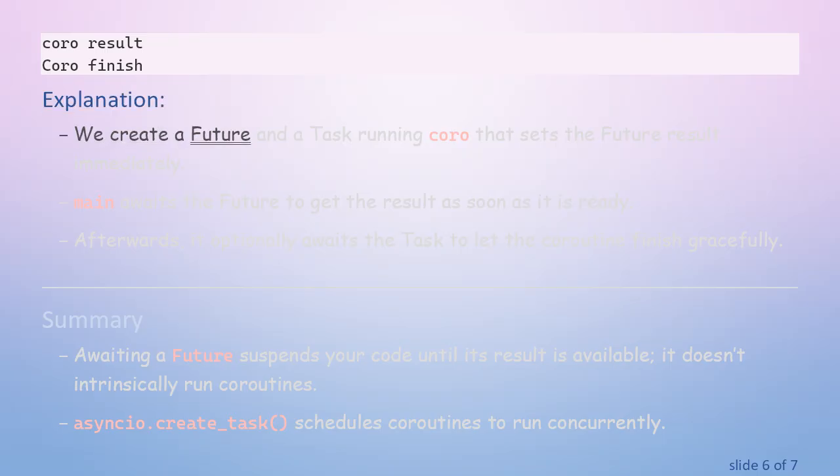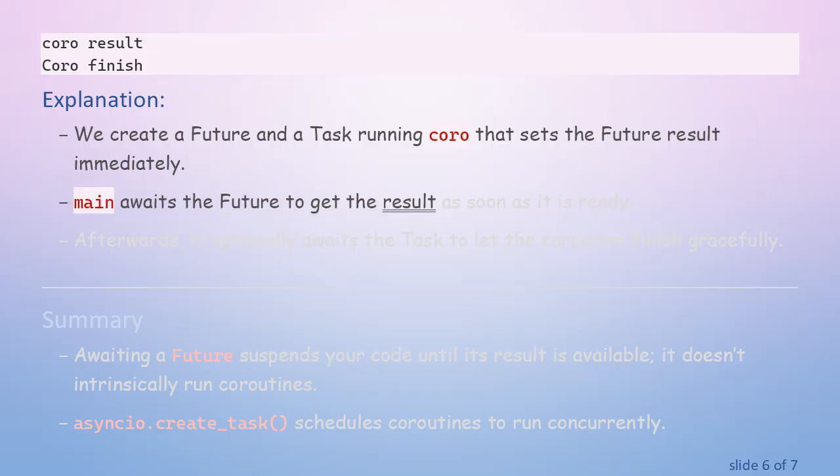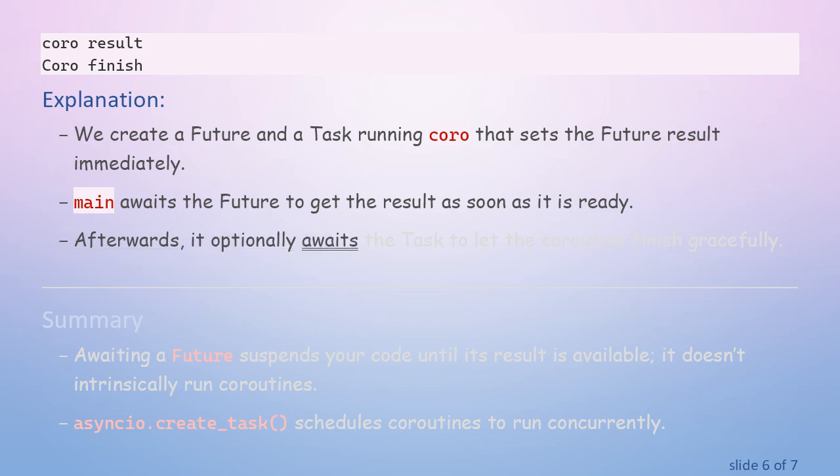We create a future in a task running coro that sets the future result immediately. Main awaits the future to get the result as soon as it is ready. Afterwards, it optionally awaits the task to let the coroutine finish gracefully.